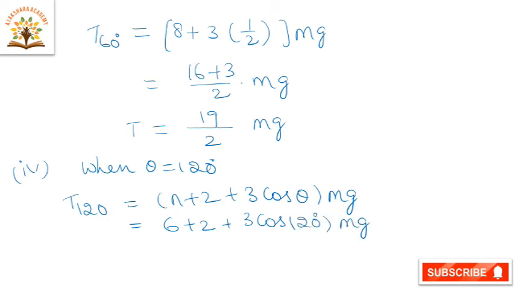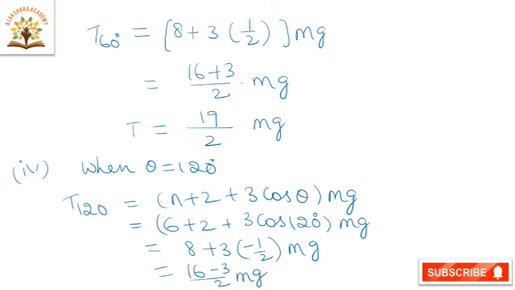So 6 plus 2 is 8, plus 3 of cos 120 degrees, which is minus 1 by 2, into mg. Taking LCM, (16 minus 3) by 2 into mg. So tension at 120 degrees is 16 minus 3, which is 13 by 2 mg. This is the final answer.